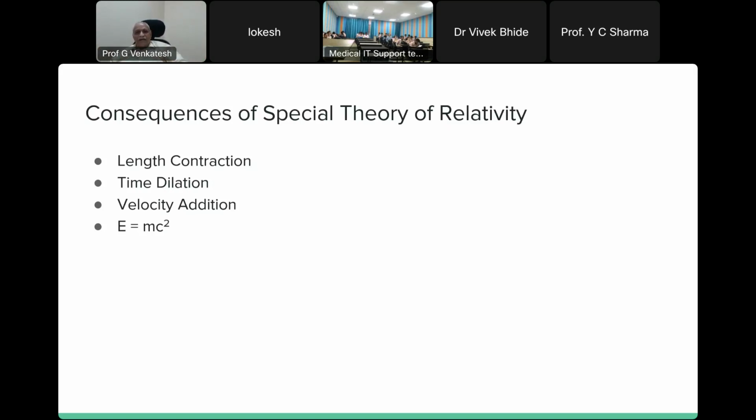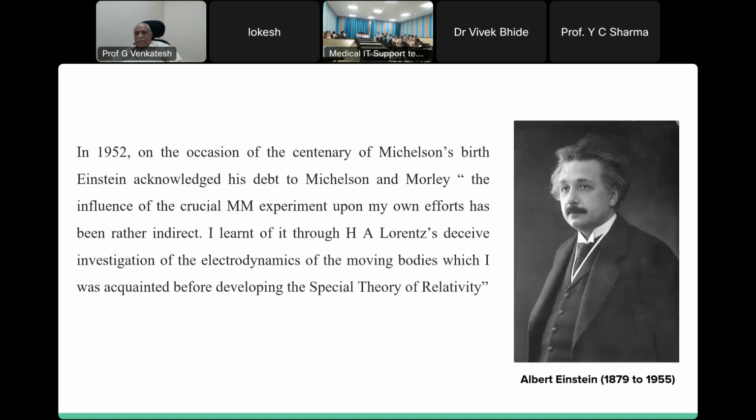And the most important result of the special theory of relativity is the conversion of mass into energy, E equals mc square. So in 1952, on the occasion of the birth centenary of Michelson, Einstein acknowledged his debt to Michelson and Morley: The influence of the crucial Michelson-Morley experiment upon my own efforts has been rather indirect.